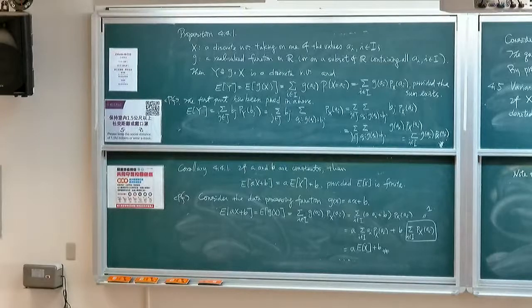So to compute the variance of x, you need the second moment of x and the first moment of x. The first moment is just the expectation of x. Okay. So we have this formula here.